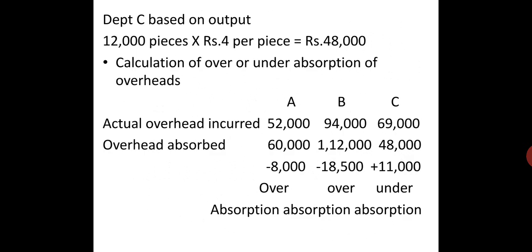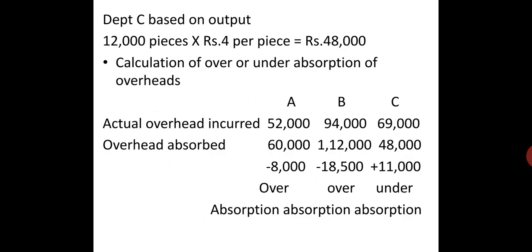In case of B, actual overhead incurred is 94,000. Overhead absorbed is 1,12,500. So there is a difference between actual incurred and overhead absorbed. Absorbed is more than the actual incurred, that is rupees 18,500.